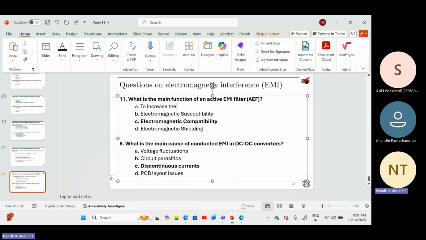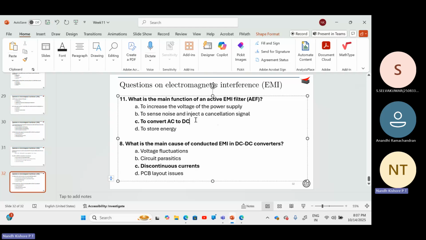To increase the voltage of the power supply, to sense noise and inject a cancellation signal, to convert AC to DC, and store energy.